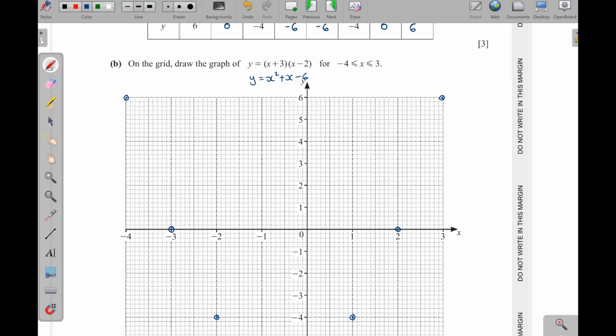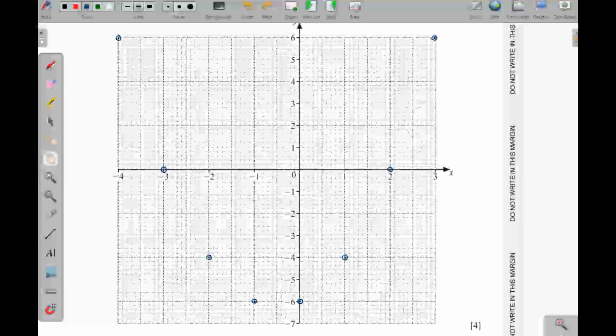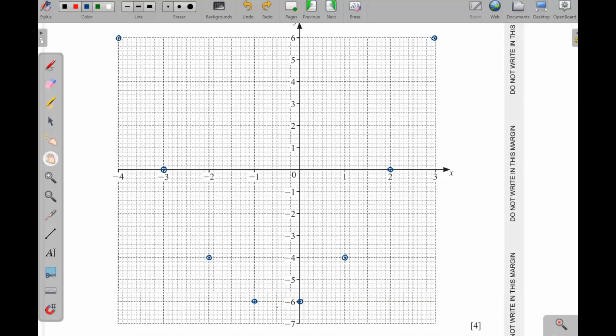So you are having this one here. The coefficient of x squared is positive. If the coefficient of x squared is positive, then you are going to produce a U-shaped curve. If it were negative, then we would have had a what? An N-shaped curve. Now let's connect these points here, and then we produce our smooth curve.